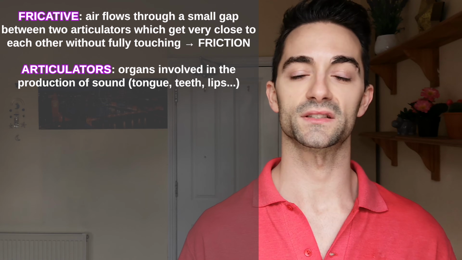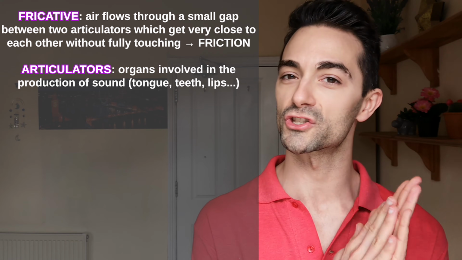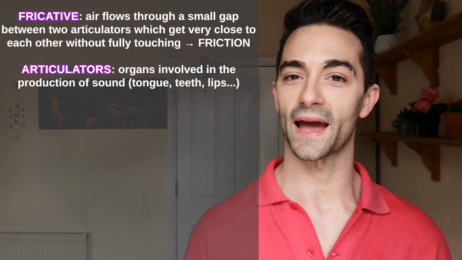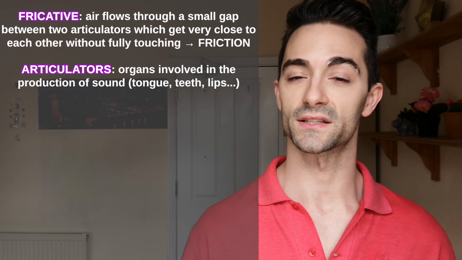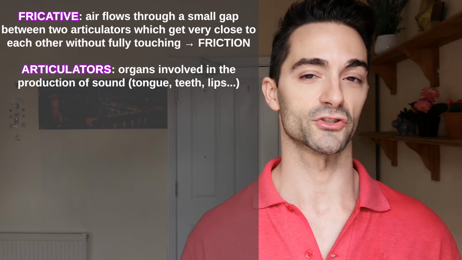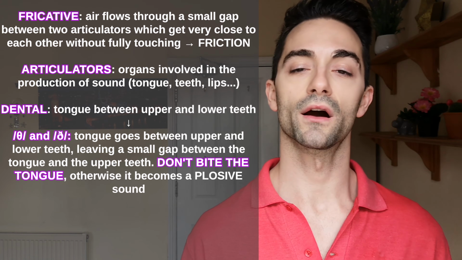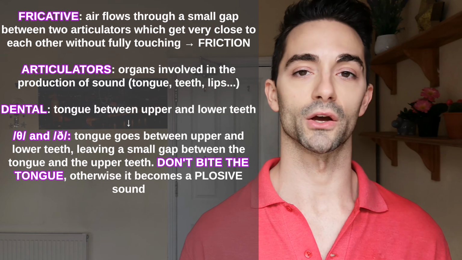As a quick technical recap, the TH sound is a fricative sound, meaning that it's obtained through the friction created when air flows through a tiny little gap between two articulators that get really close to each other without touching. It's a dental sound, meaning that your tongue goes between your upper and lower teeth.